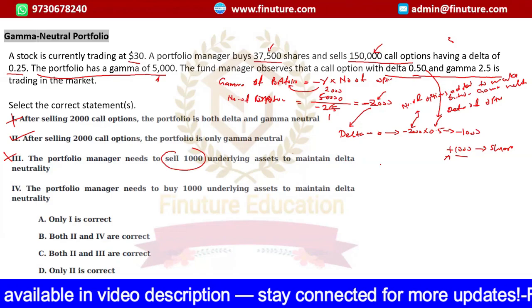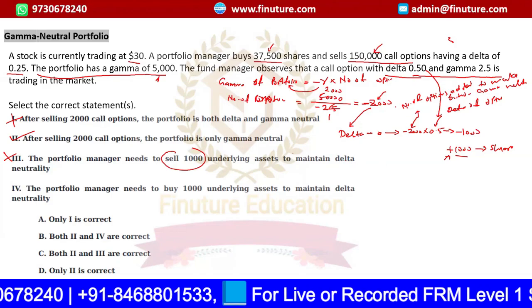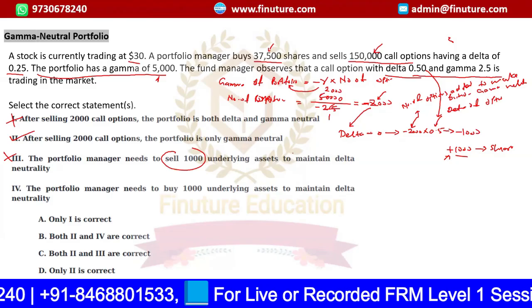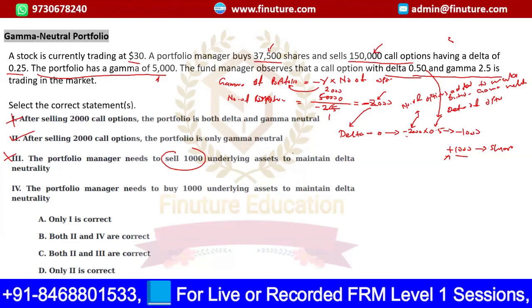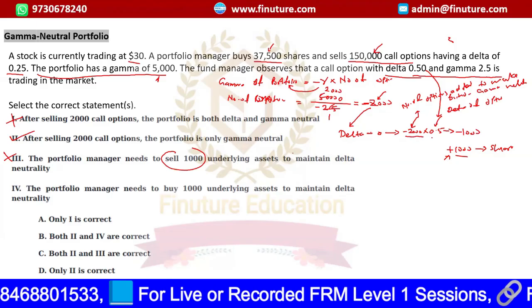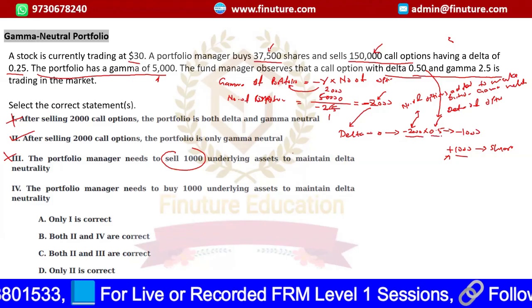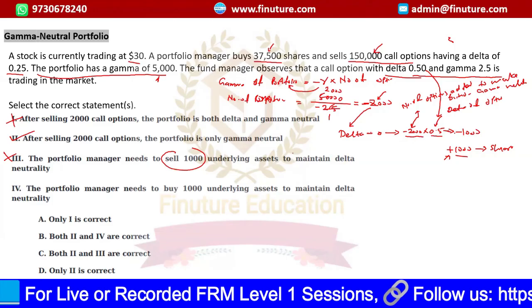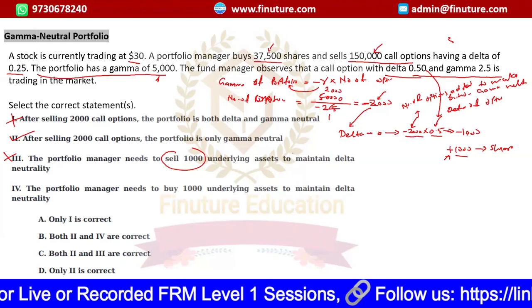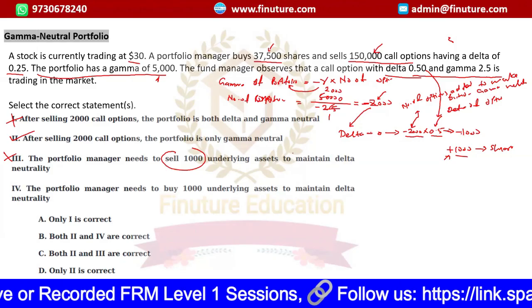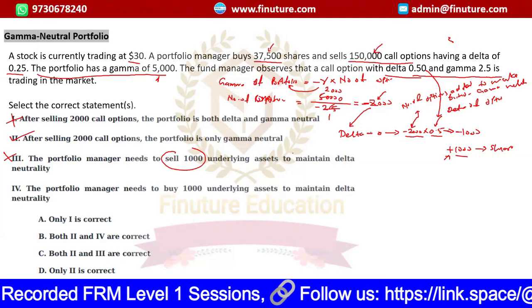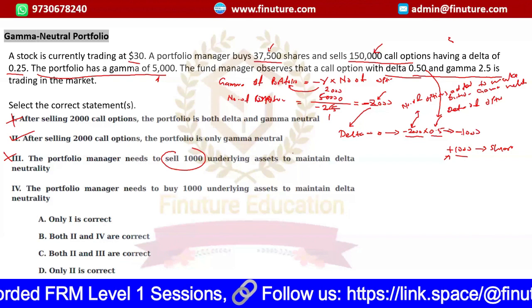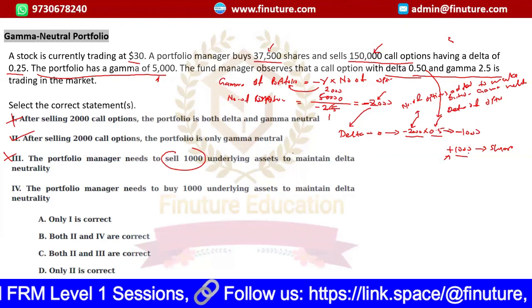Let me address that. What we concluded is we have to sell 2,000, so I am short 2,000 options. Each option has a delta of 0.5, so the delta of the entire option position that we newly added is minus 1,000. If the delta of the portfolio is minus 1,000, to make it zero you have to purchase.